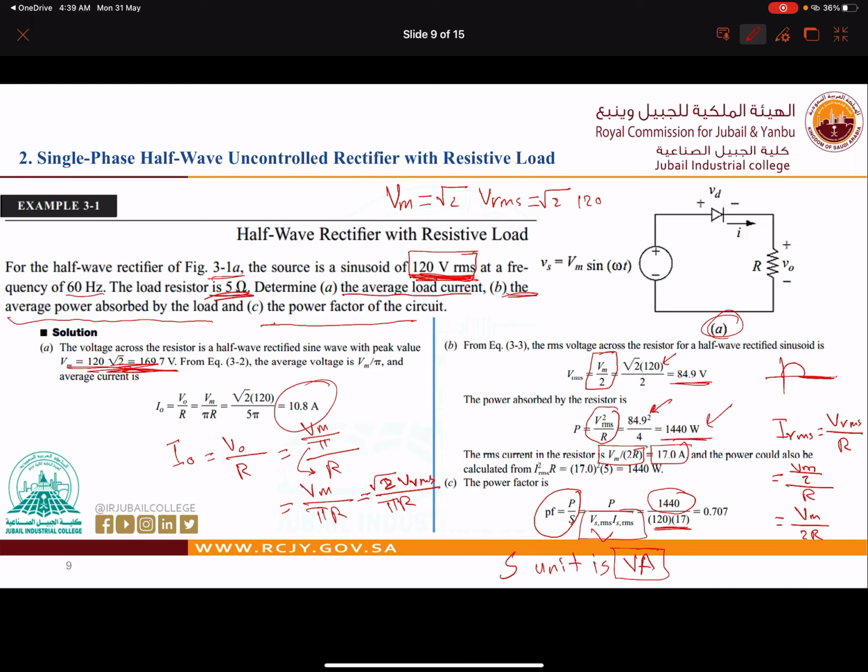Now we apply the formula and we will get our power factor 0.707, and of course the power factor does not have a unit, and we finish this example.